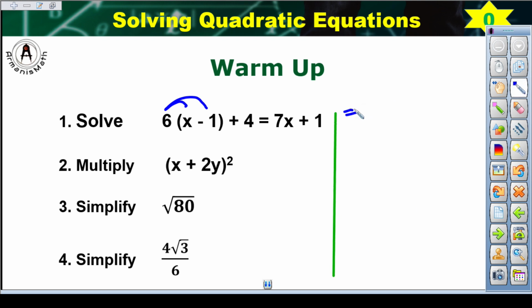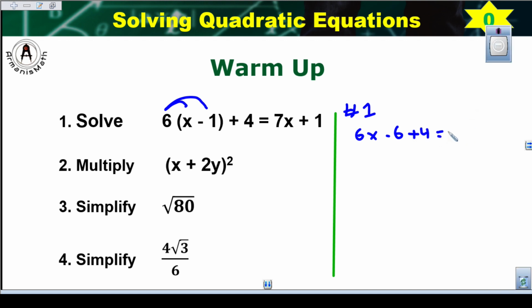That's problem number 1. So 6x minus 6 plus 4 equals 7x plus 1. And I'm going to combine like terms. So the minus 6 and 4, this is 6x minus 2 equals 7x plus 1.